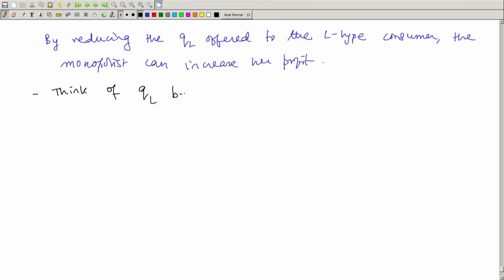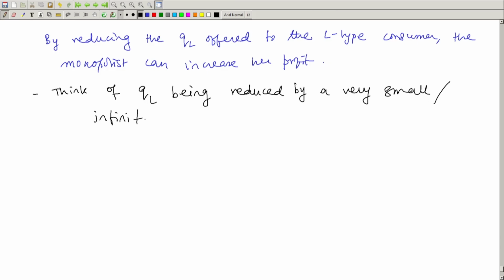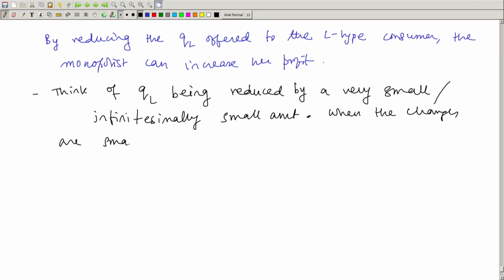So, think of QL being reduced by a very small, infinitesimally small amount. Okay. So, when the changes are small, they are essentially straight lines.